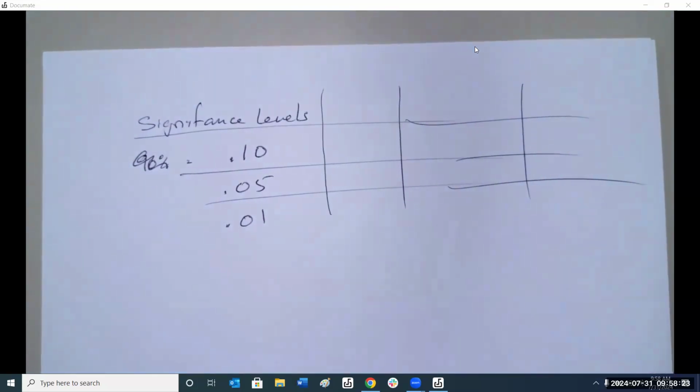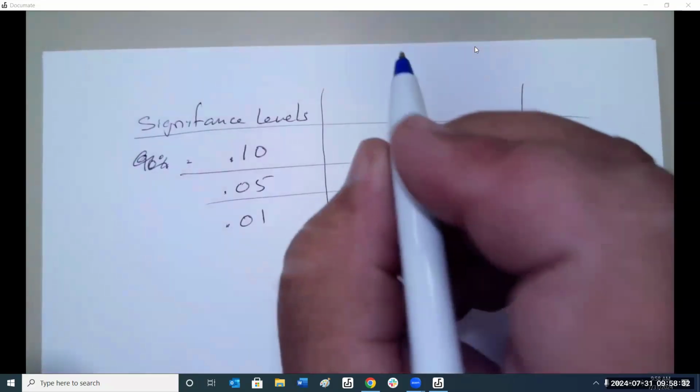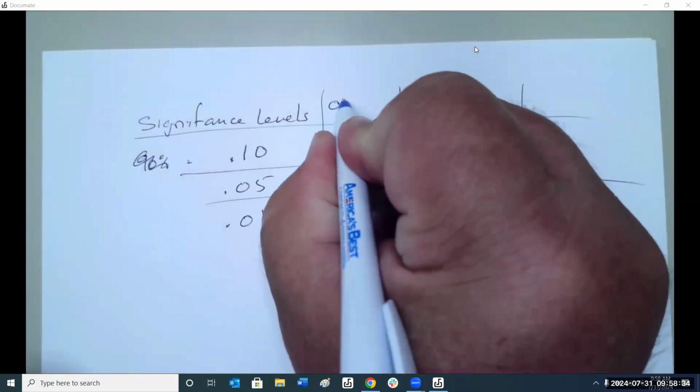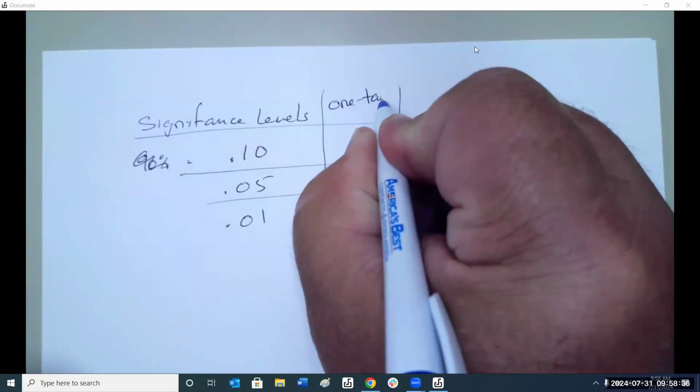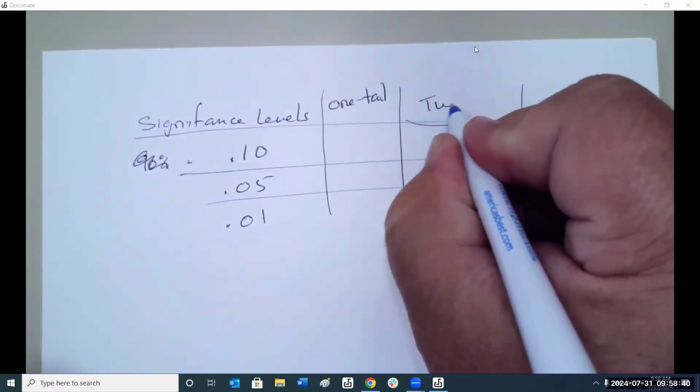That's what we use, for example, in the chart for the t-test. We had to determine whether it was one tail or two tail.